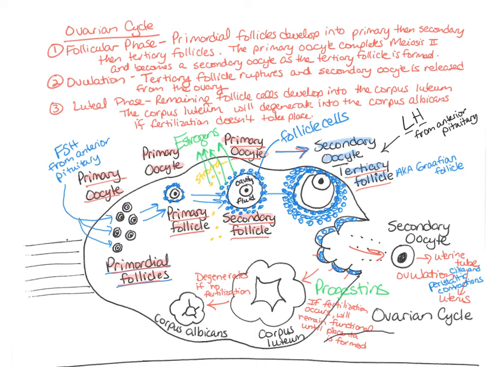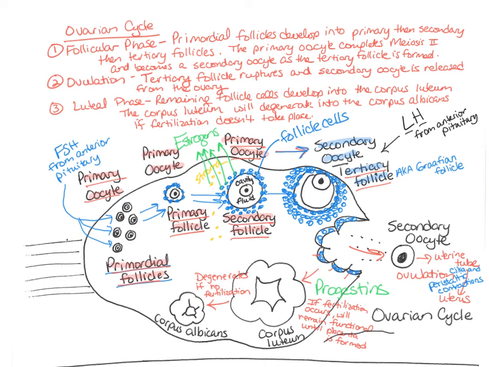The bigger the follicle becomes, the more estrogens will be secreted. The level of estrogen secretion will peak around ovulation, when there is the most amount of follicle cells.